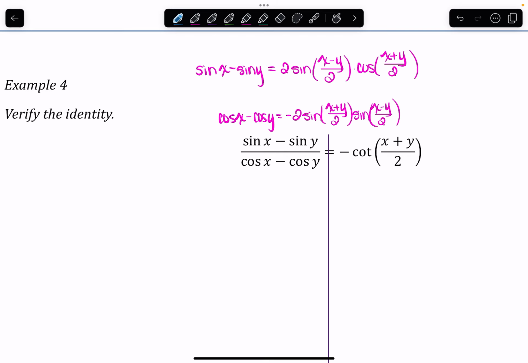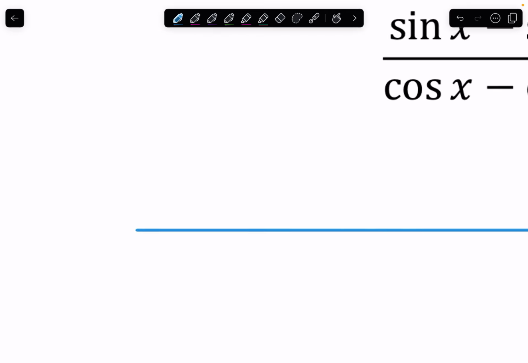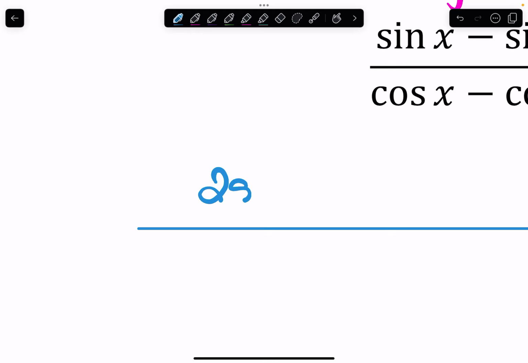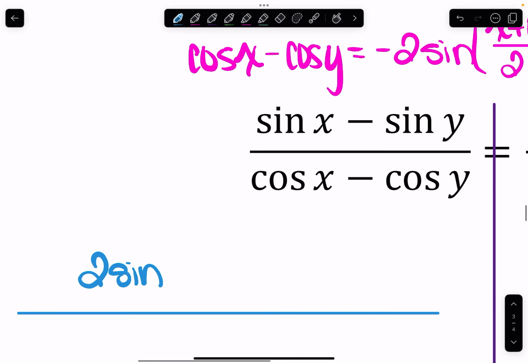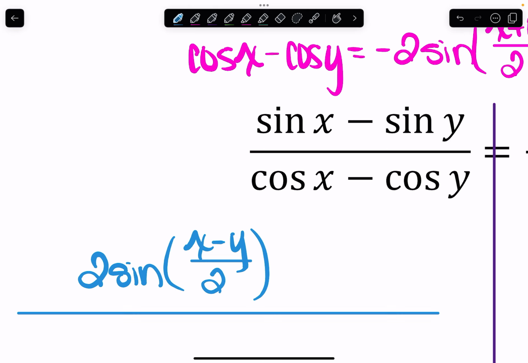All right, so division bar. Sine x minus sine y is 2 sine of the difference over 2 times cosine of the sum.